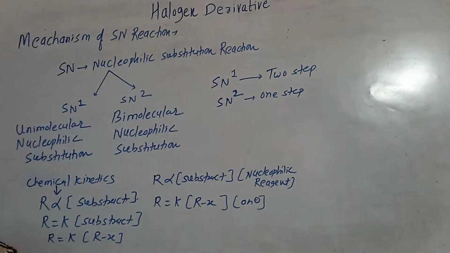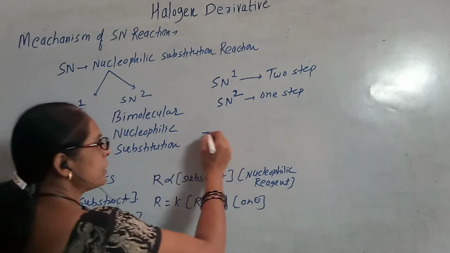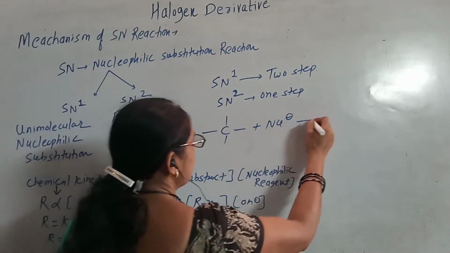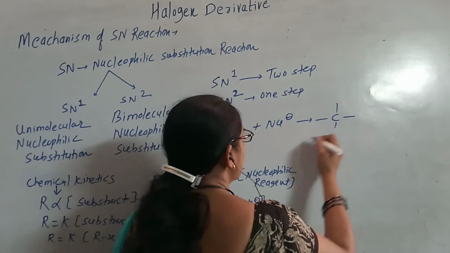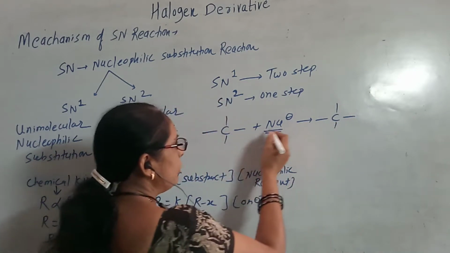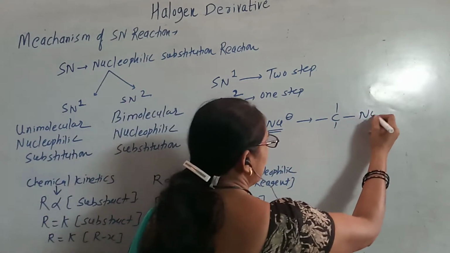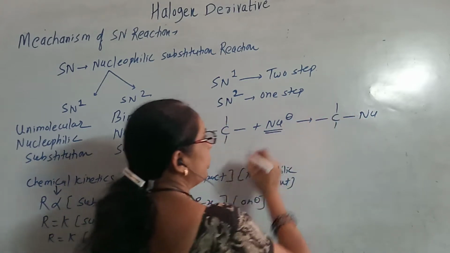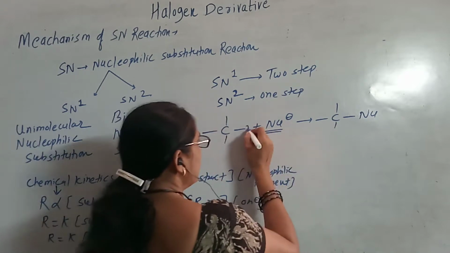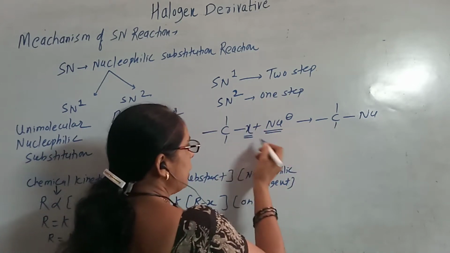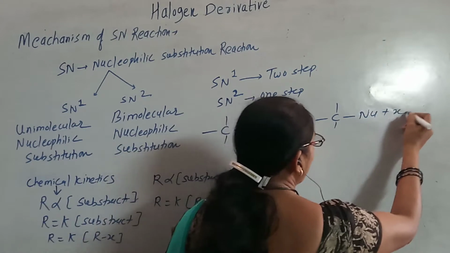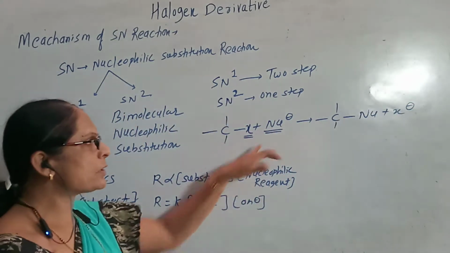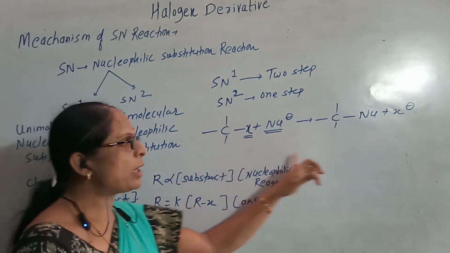What happens in a nucleophilic substitution reaction? In the general representation, the nucleophile becomes bonded with the carbon of the substrate with its lone pair of electrons. When the nucleophile attaches to the carbon of the substrate, the X minus is removed.